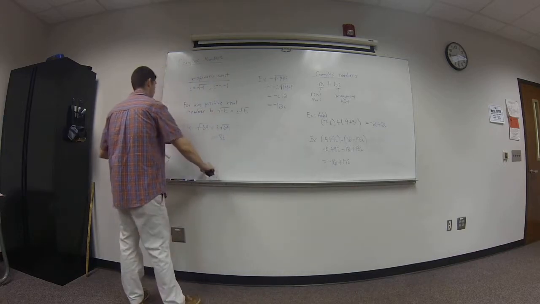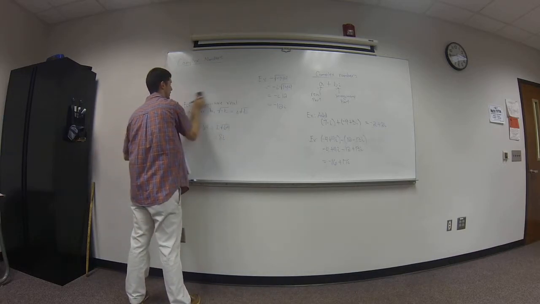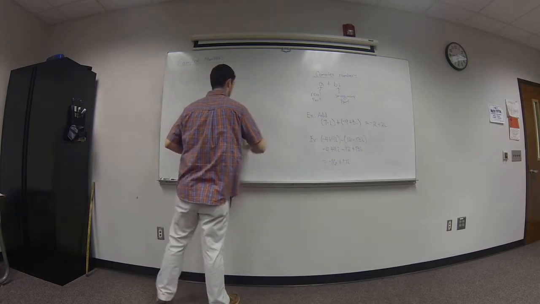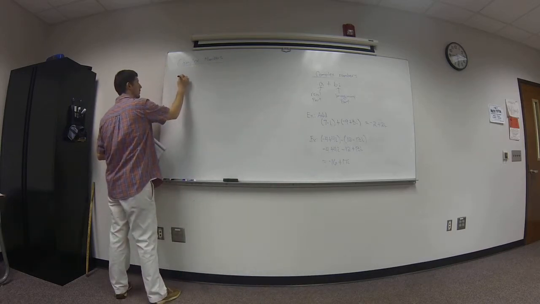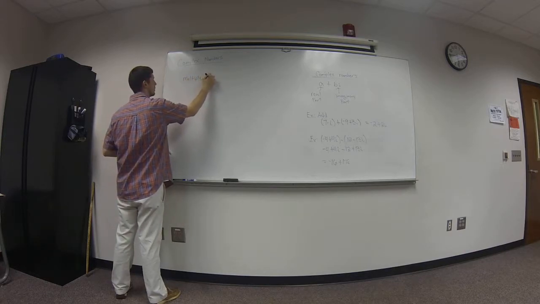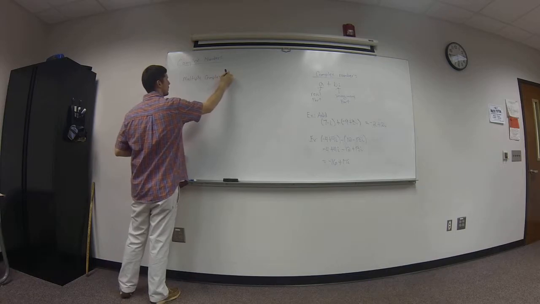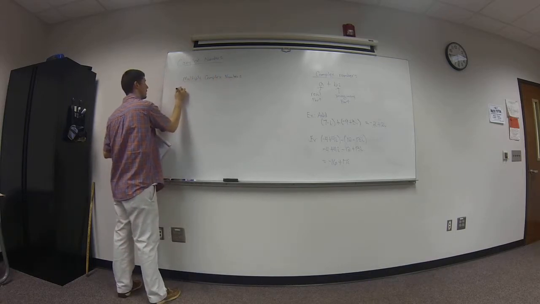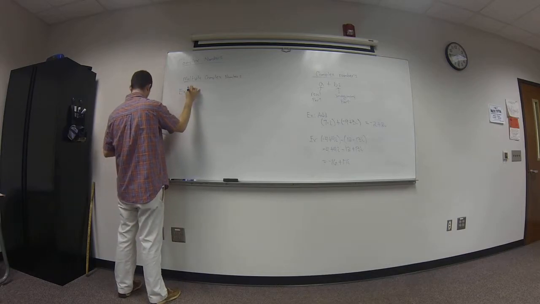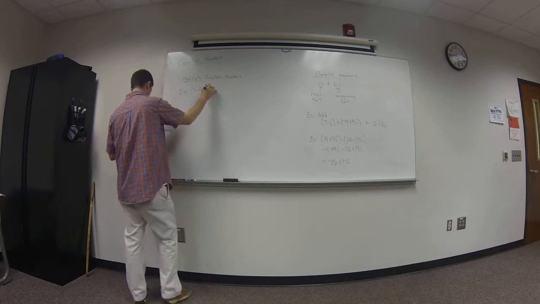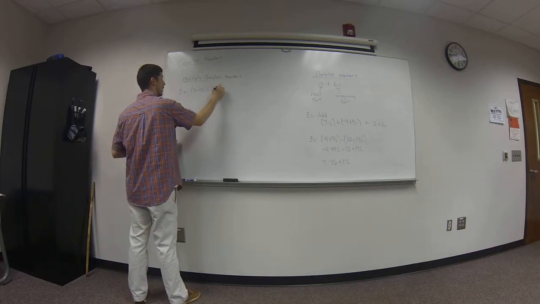Now let's look at multiplying complex numbers. Here we have 3 minus 4i times 8 plus i.